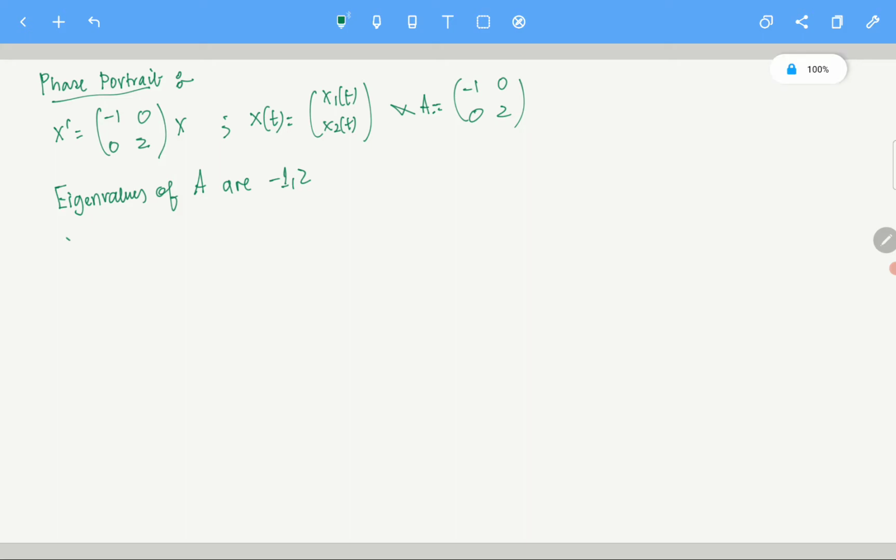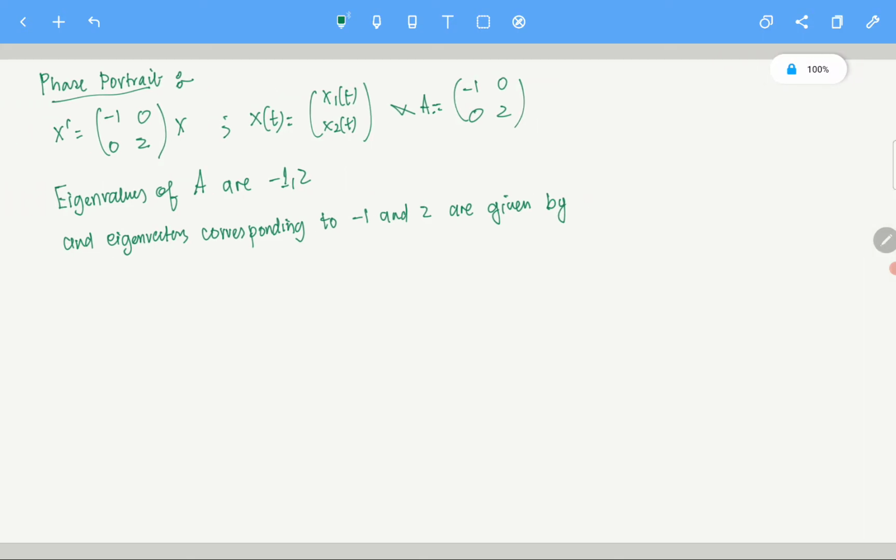And what are the eigenvectors corresponding to minus 1 and 2? I am just writing it down, but of course you can calculate and confirm.